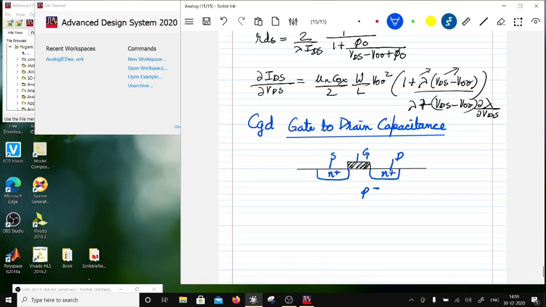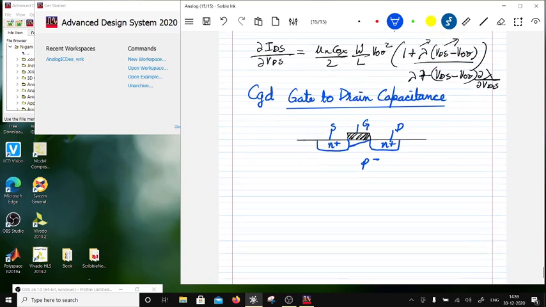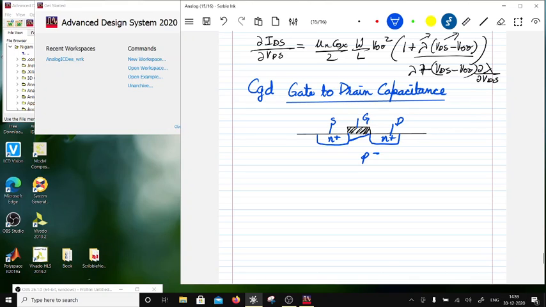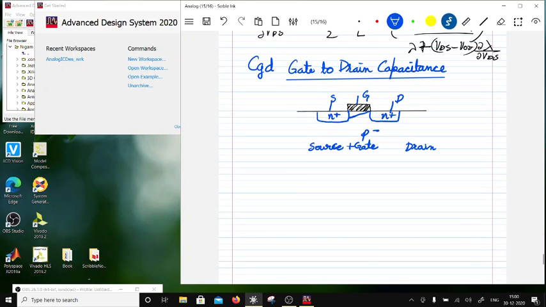Now what has happened is the channel is formed, but it is pinched off now. So the source and gate are connected together, while the drain is pinched off, right? So that capacitance cannot be divided half and half between CGD and CGS, right? So we have to find out the right formula.